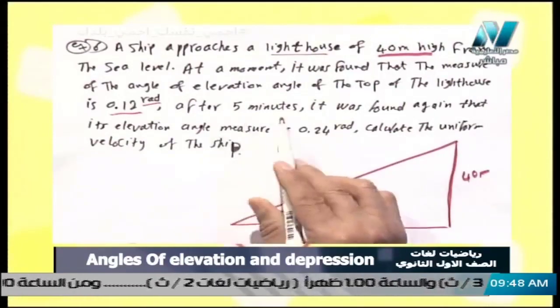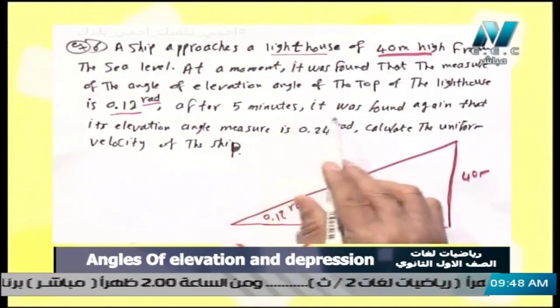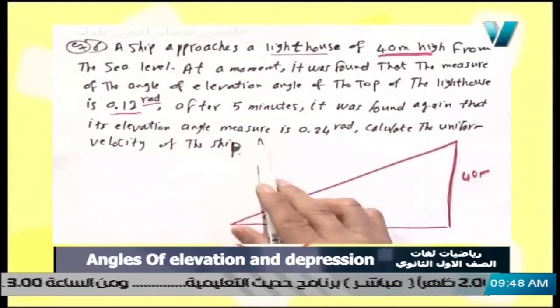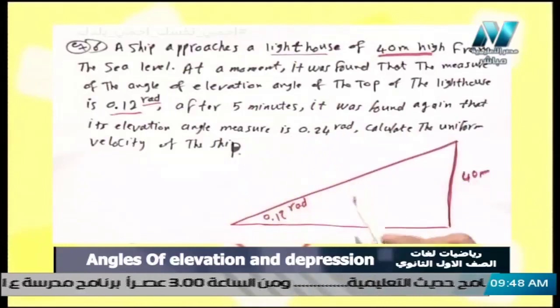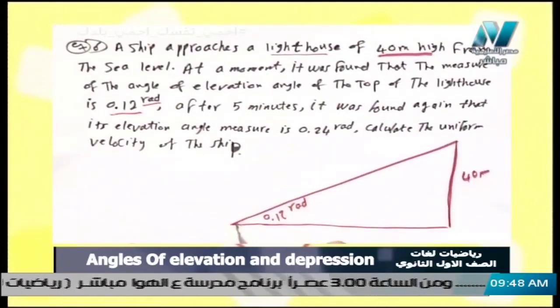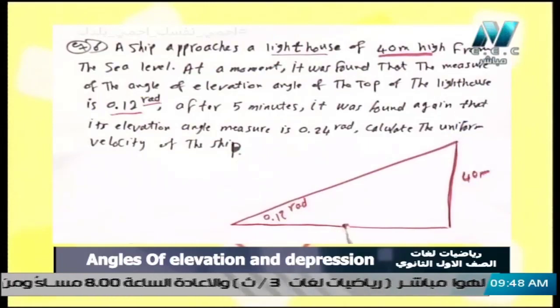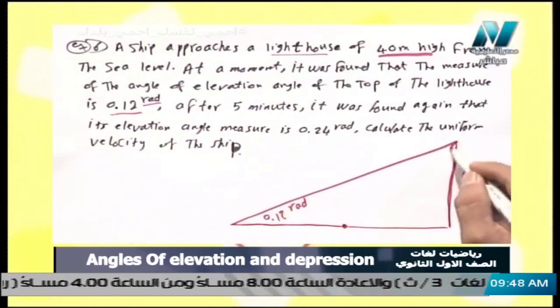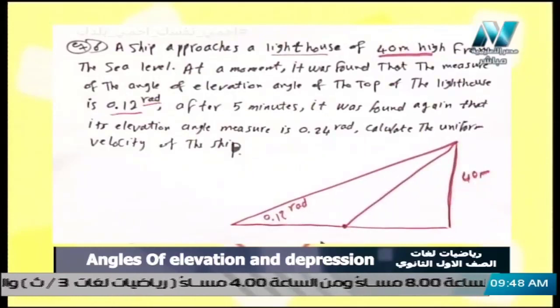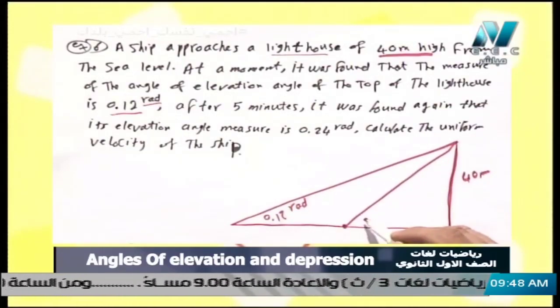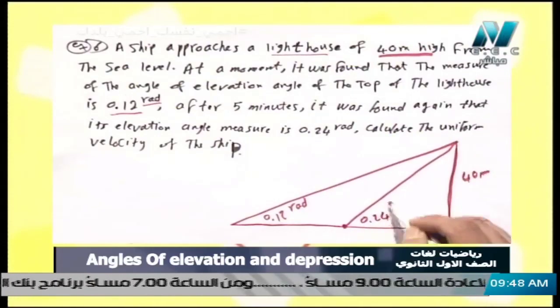After 5 minutes, it was found again that its elevation angle measure is 0.24 rad. After 5 minutes, it approached the lighthouse. They found that the angle of the elevation here is 0.24 rad.